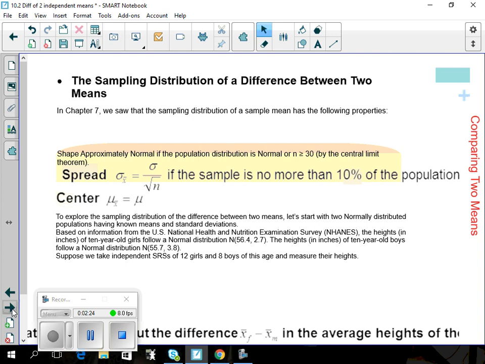Just like last class, we can state some things. The shape is going to be normal. This time, though, the normal condition when we talk about means is not np greater than 10. We're looking at what? If the sample size is greater than 30. Rarely it is, so what do we need to check?